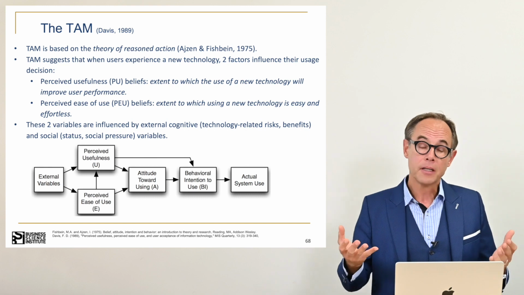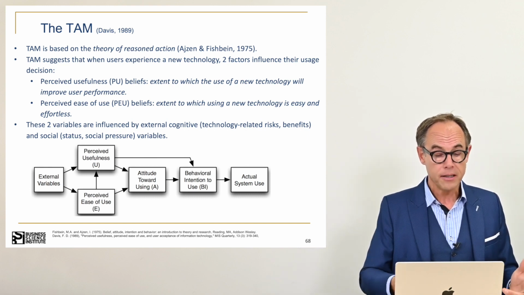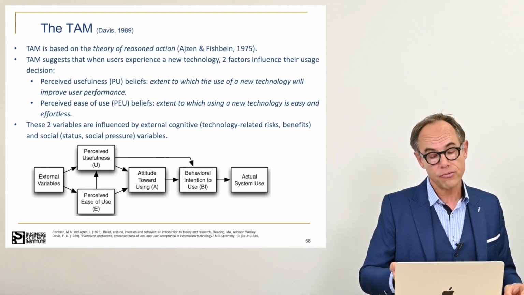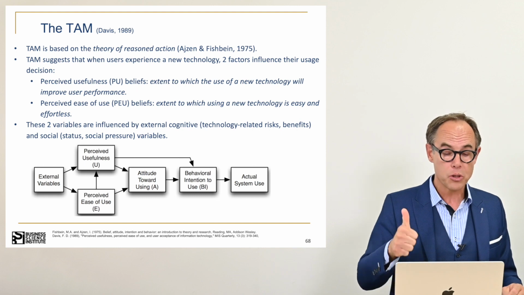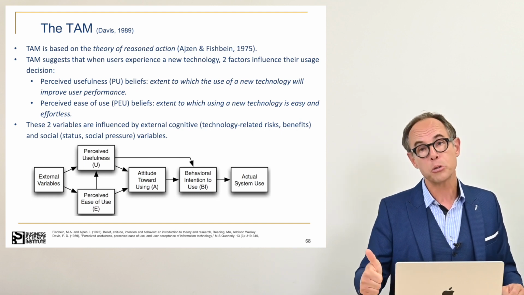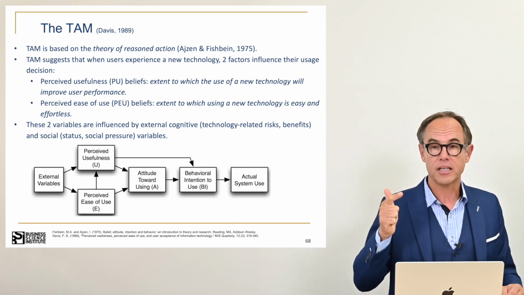But at the time, 40 years ago, they were sufficient to explain the attitudes towards using a technology and above all, to explain the dependent variable, which is the behavioral intention to use the technology, and subsequently the actual use of the technology.